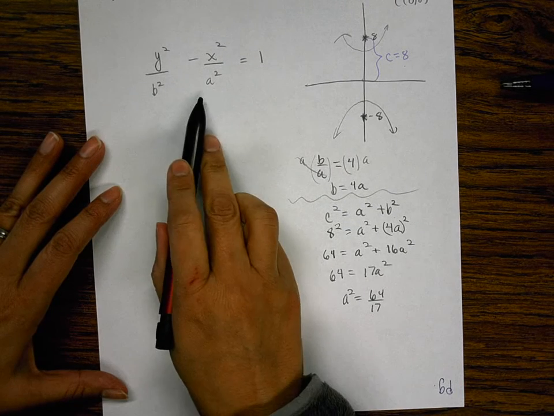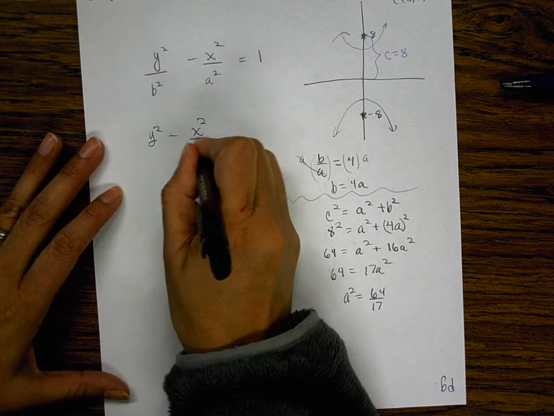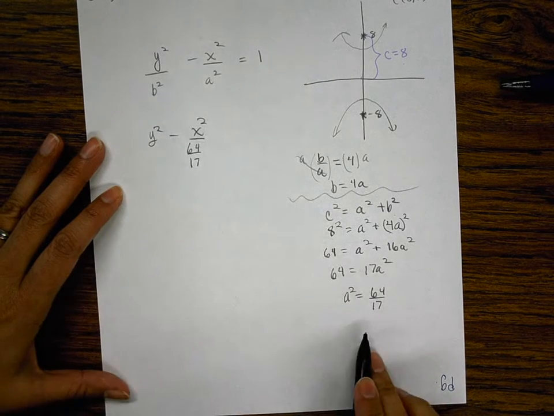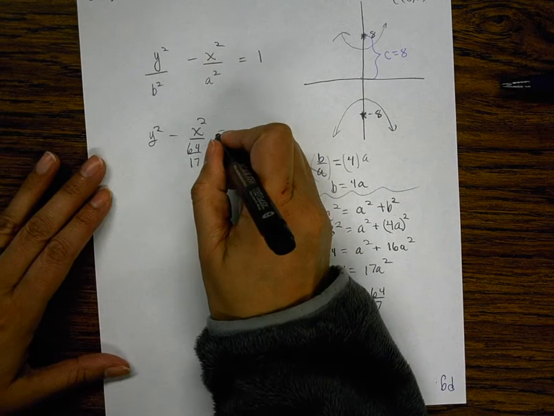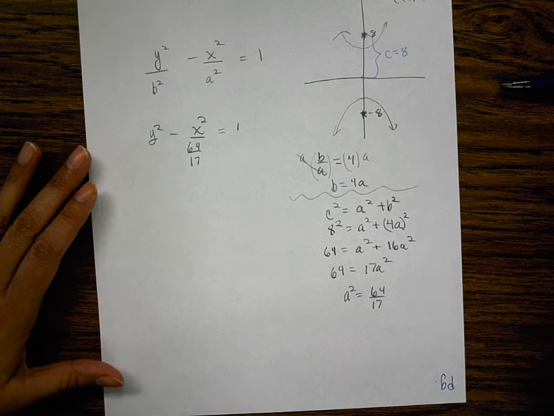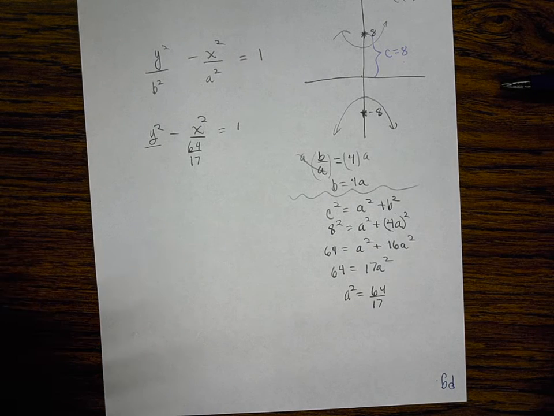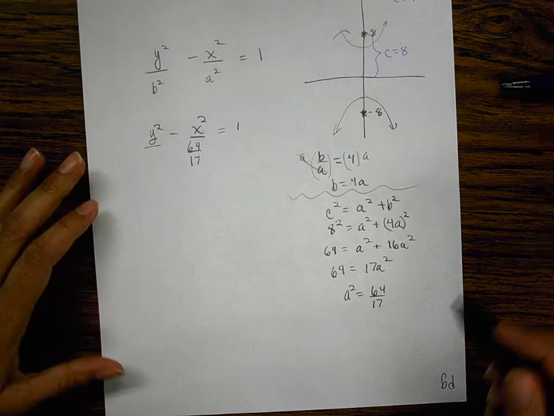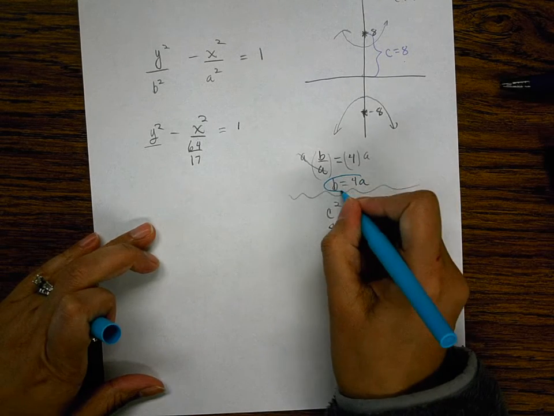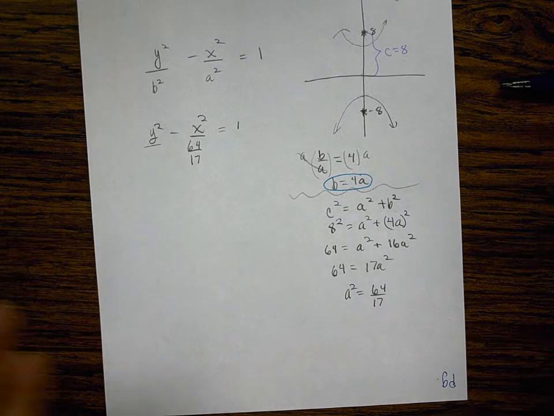So I can put that right in there. I'm just going to rewrite it: 64 over 17, and a squared is what I was looking for. I will fix that so it's not a fraction within a fraction, but I'm going to fix it later. Right now I'm going to try to find b squared. How do I find b squared? I know that b equals 4a.